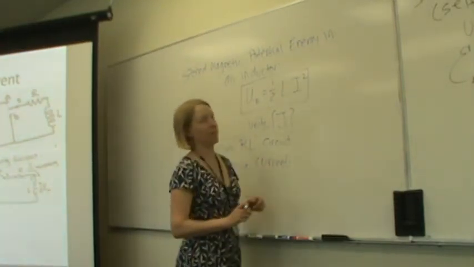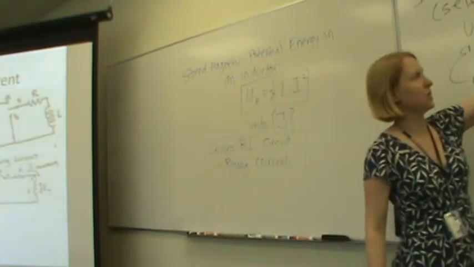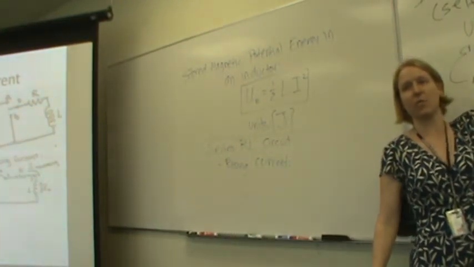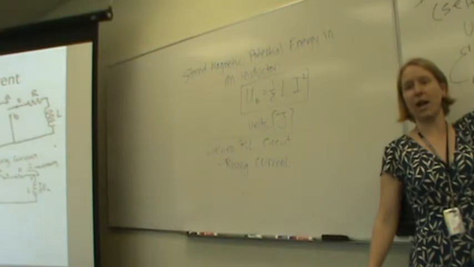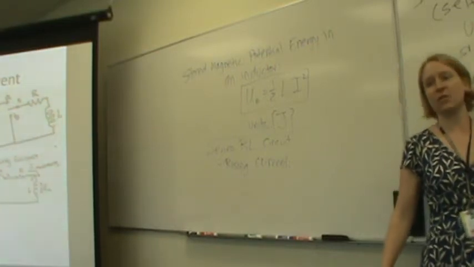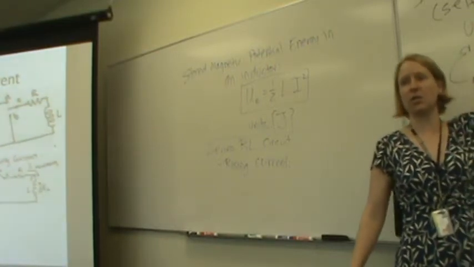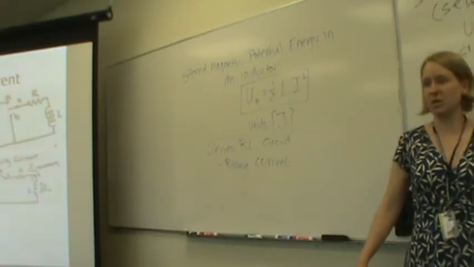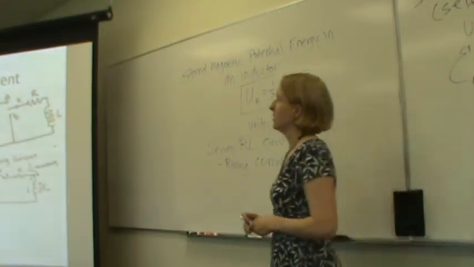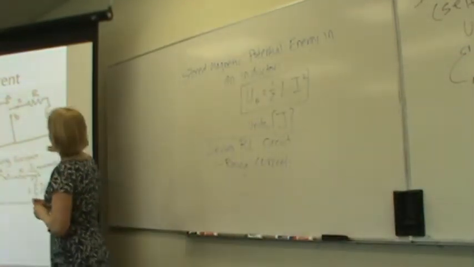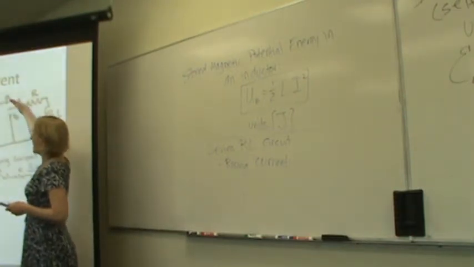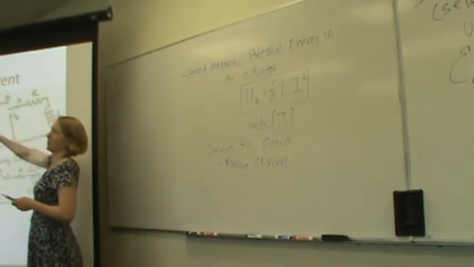And how our induced EMF is going to behave is just how we said before. As the current is rising, your induced EMF is going to oppose it, and as your current is falling, your EMF is going to add to it. So we move the switch to position A, and that allows current to flow.